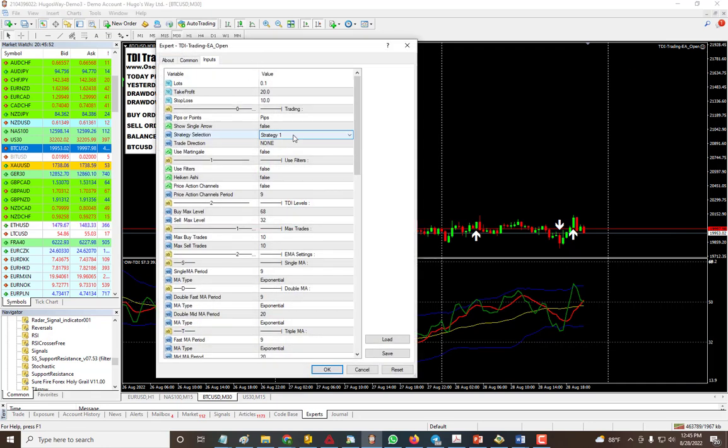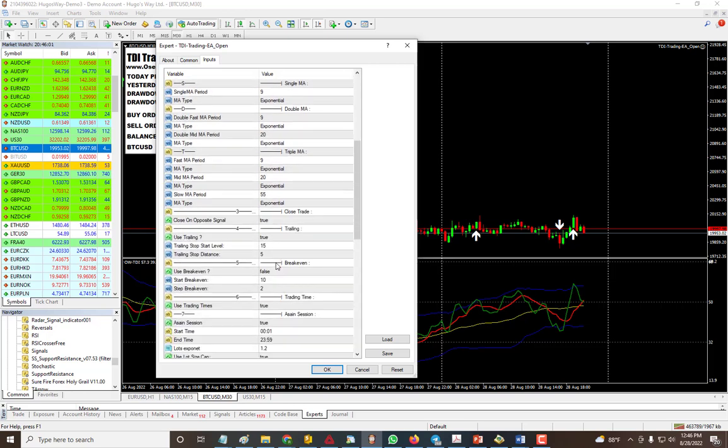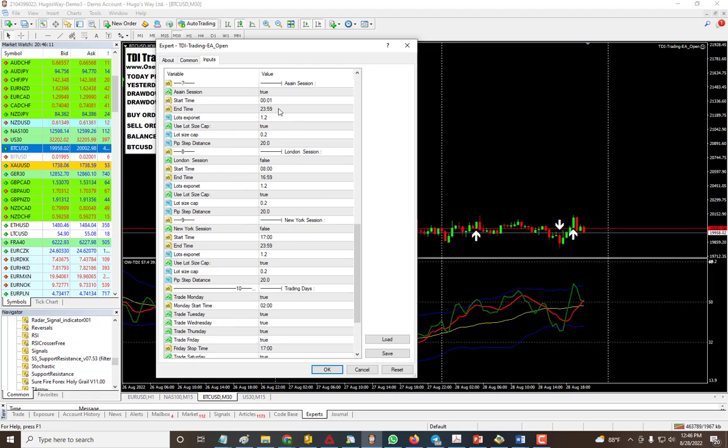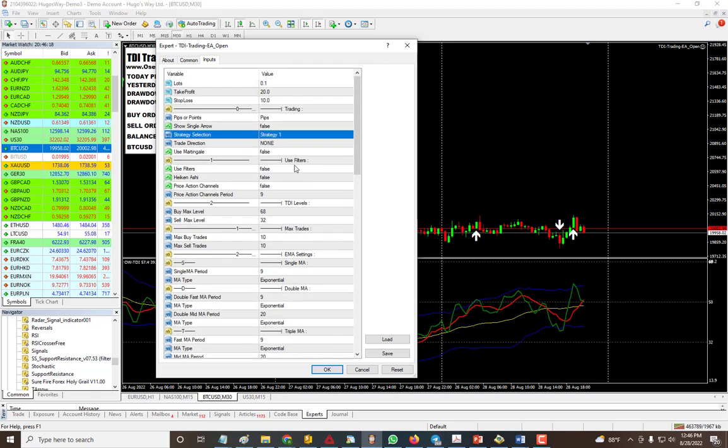So there's strategy 1, 2, 3, 4, your lot size, take profit, stop loss, and again the same levels as you see in the indicator. You also have break even and trailing stop, so you can secure your profit, and you can set what trading sessions you want to use and trade. The EA also gives you the ability to use martingale, but by default it would be false.